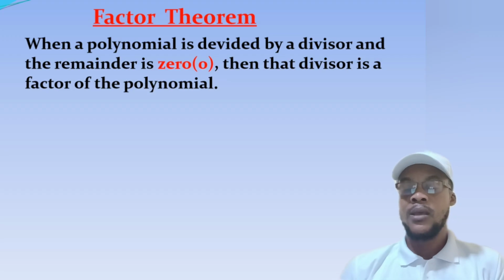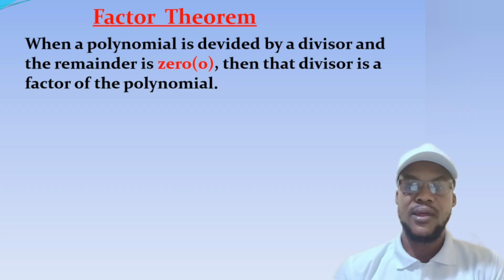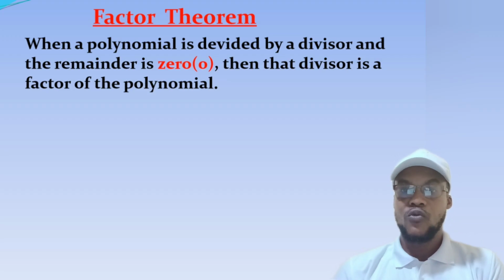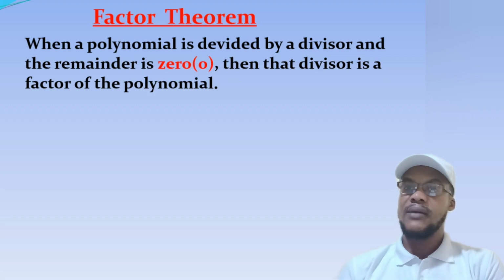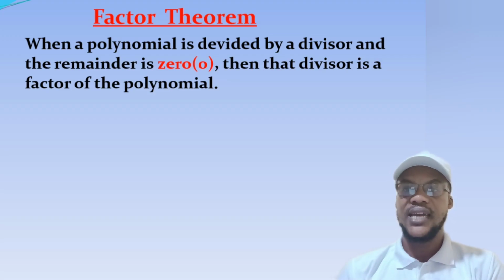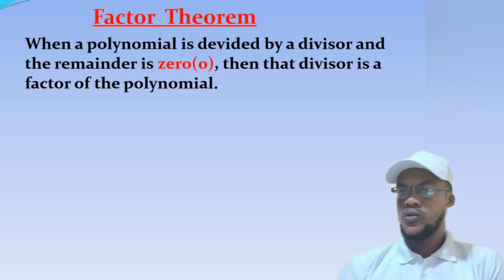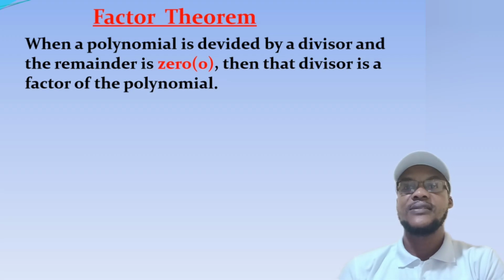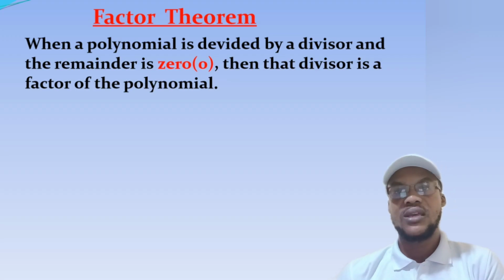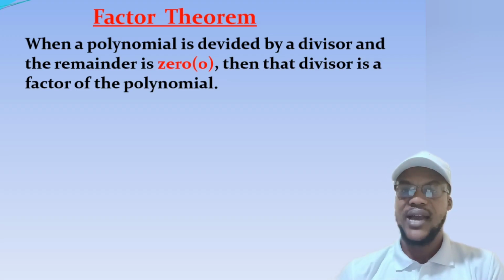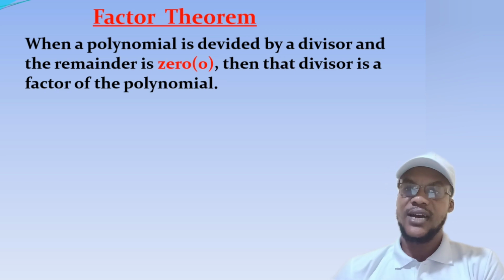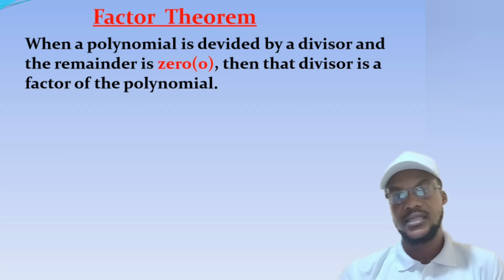You remember when we were doing the remainder theorem, we got some questions where after dividing the dividend by the divisor, the remainder we got was 0. So once you realize that after dividing one polynomial function by another the remainder is 0, then that divisor is a factor of that polynomial.